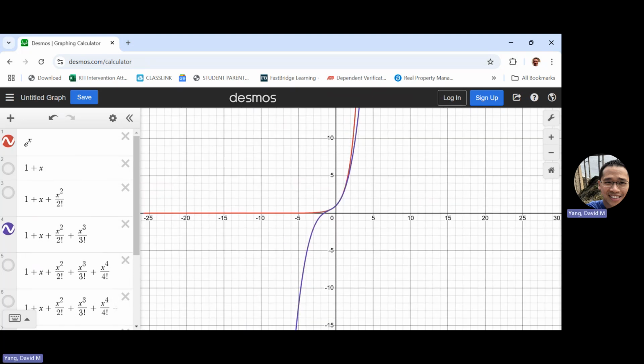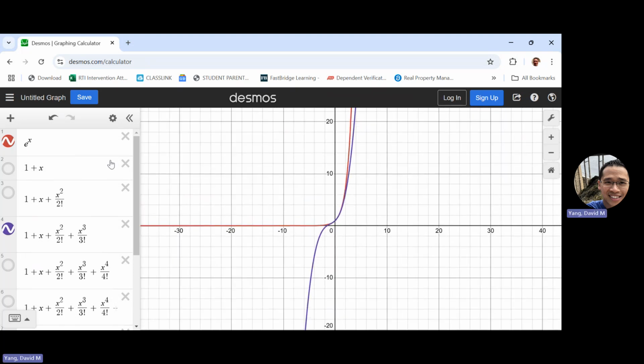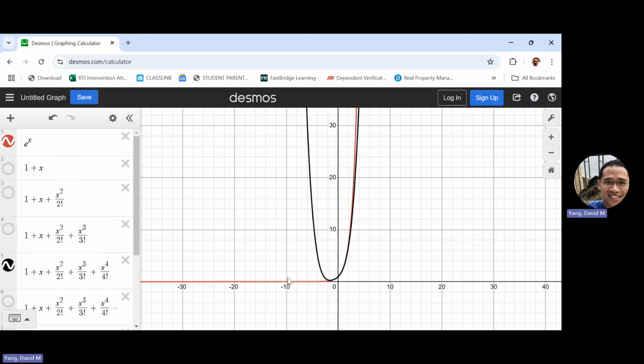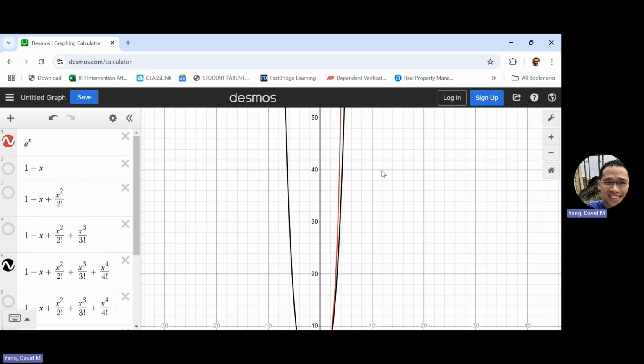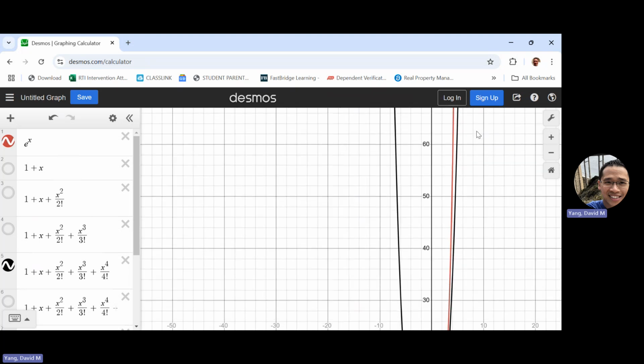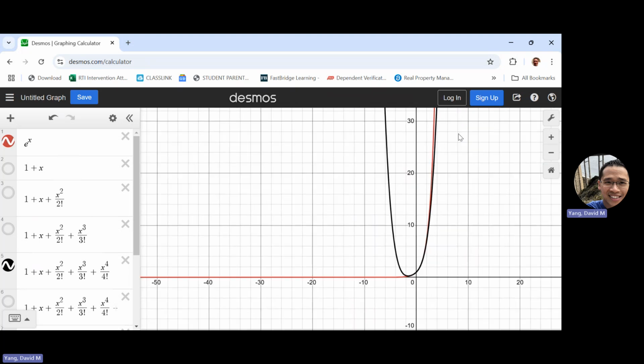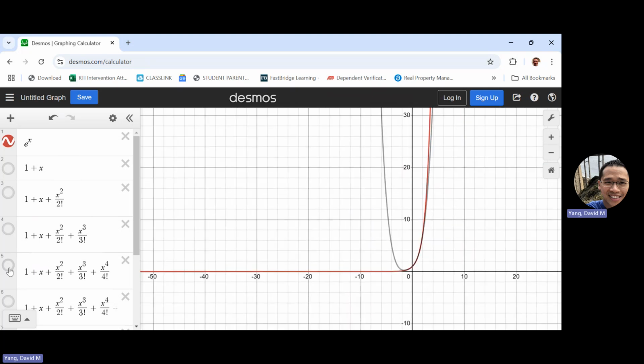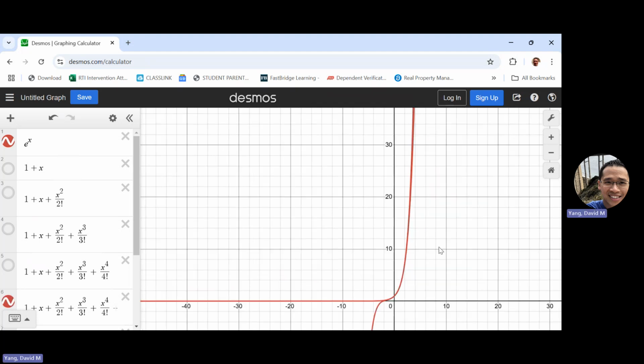But this is only a third degree Taylor polynomial. Okay, let's look at the fourth degree Taylor polynomial. Right, I mean, the left side is going to take a lot of work, but you see the right side, it's matching better and better with the shape of e to the x. Right, and then this is the fifth degree Taylor polynomial.